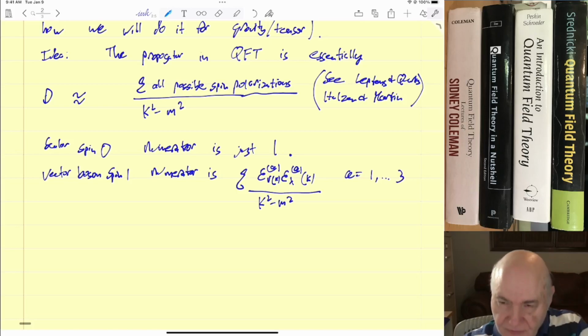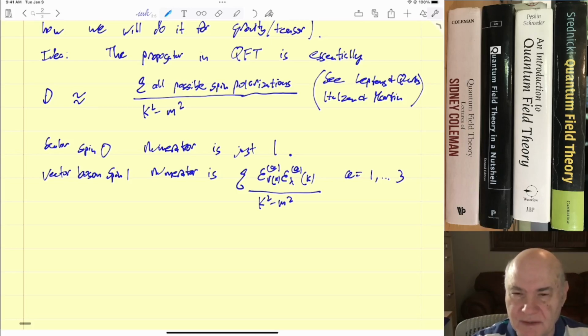So we have three polarizations. You might be used to seeing, when we have a massless photon, two polarizations perpendicular to the direction of propagation, so it's transverse. But if we're doing a massive vector boson, we also have the longitudinal polarization. So we have three possible polarization vectors. And A gives you which one of the three, and the nu and the lambda are the space-time indices, and k is the wave vector for propagation.